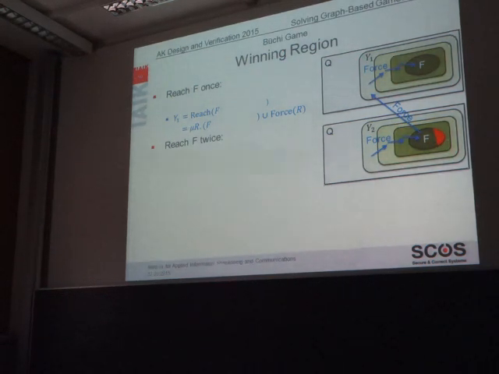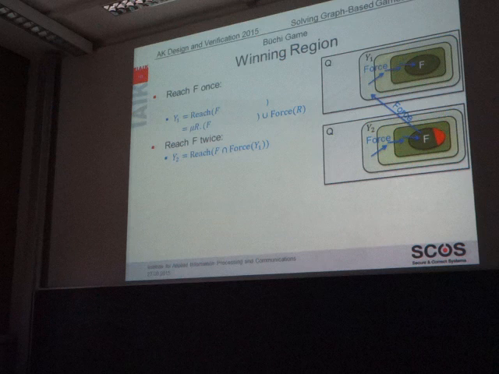So what we should actually try to do is reach not F, but F intersected with force of y1. Let me write this down. We should execute our reachability algorithm again, but this time our goal is to reach F intersected with force of y1.